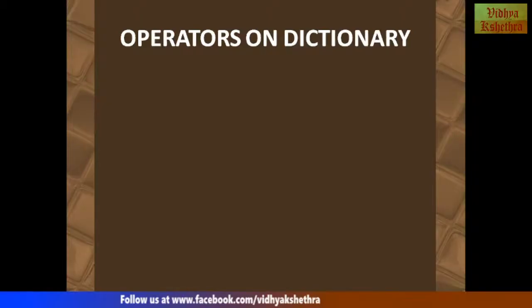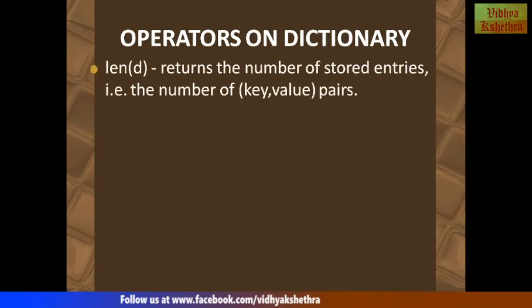Now operators on dictionary. There are certain operators which can be used on dictionary. For example, len is an operator used to find the number of stored entries inside a dictionary.